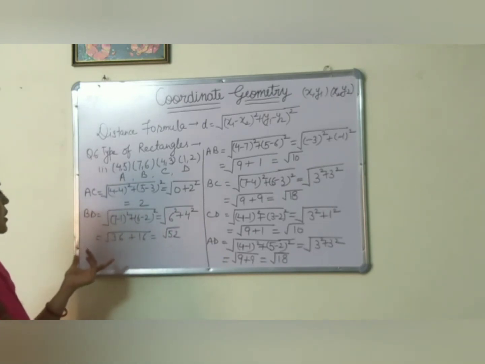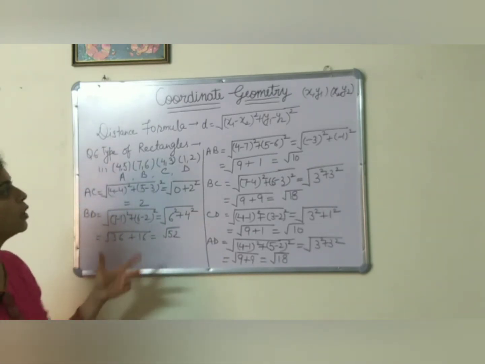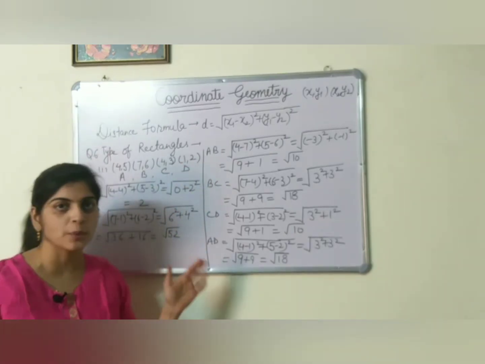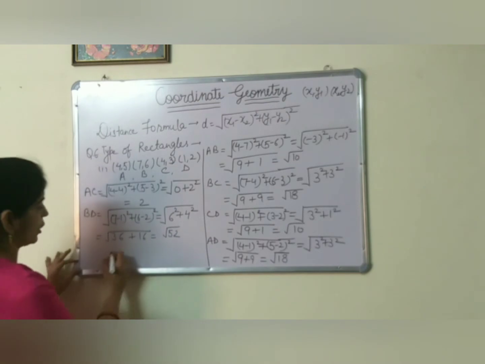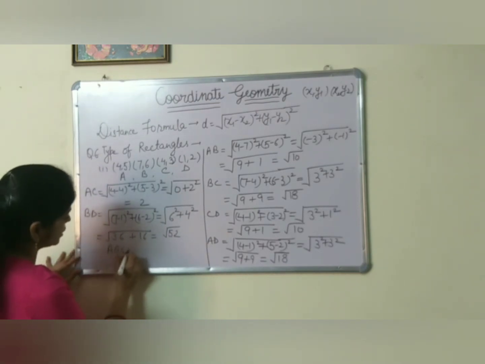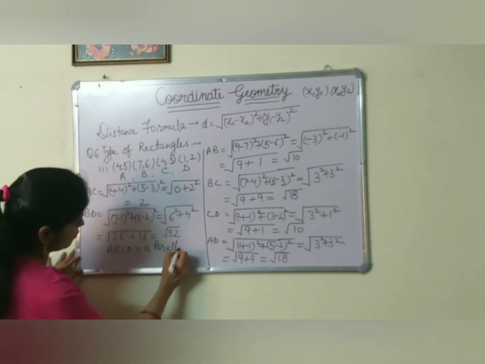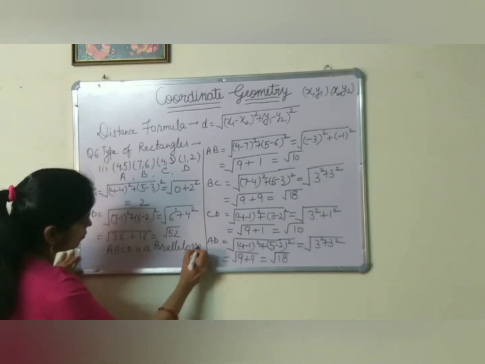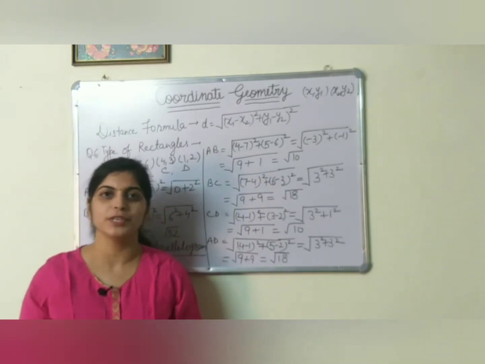So we can see here that the two diagonals are not equal but opposite sides are equal. So the shape formed by these 4 points is a parallelogram. ABCD is a parallelogram. It's proved. That's all for today. Thank you.